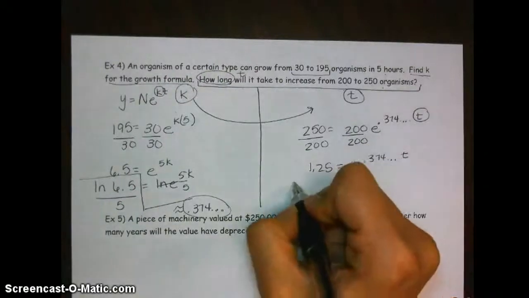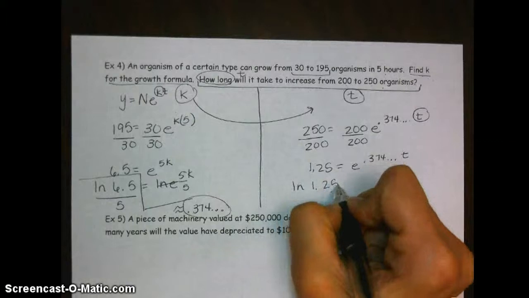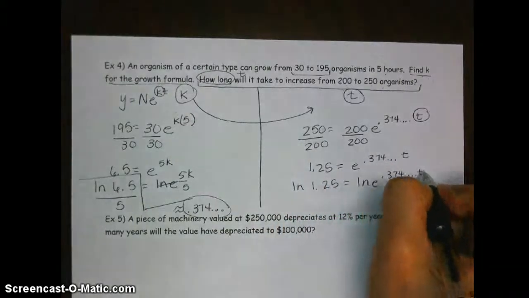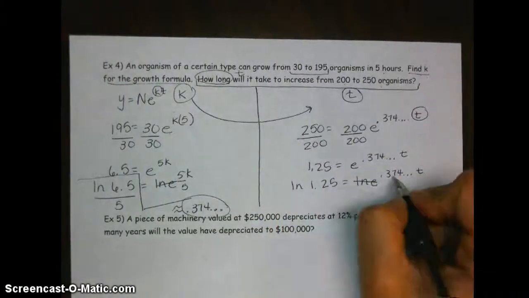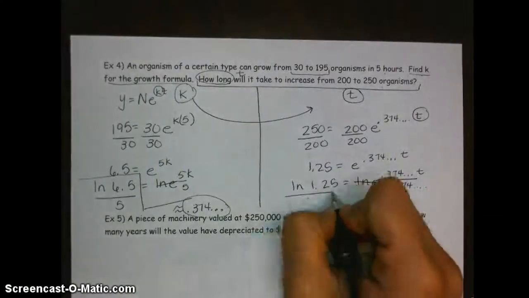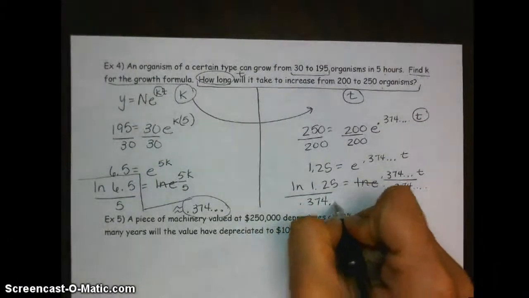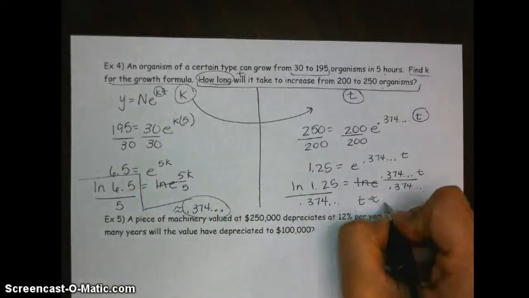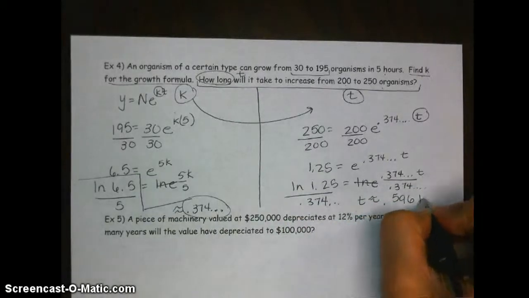We're going to take the natural log on both sides again. And then divide by 0.374, etc., our stored value. So t is around 0.596 hours.